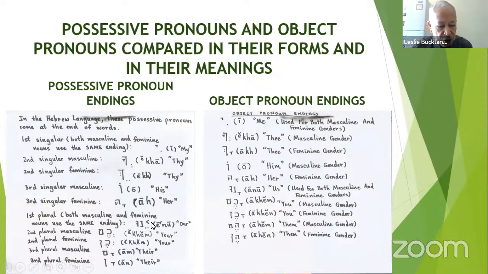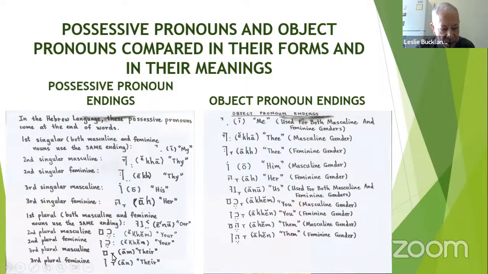In the plural section, we have enu, which is our. And in the object pronoun, it's anu, which means us. Second person plural is ekem for the masculine, eken for the feminine, and they're translated as your. But in the object pronoun endings, you have akem, which is you, aken, which is you, masculine gender and feminine gender.